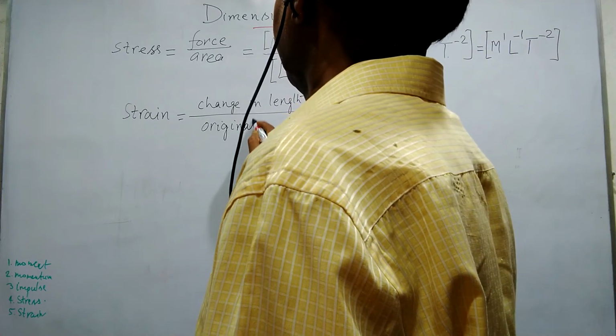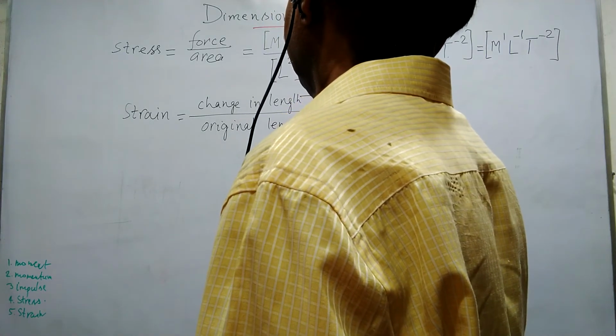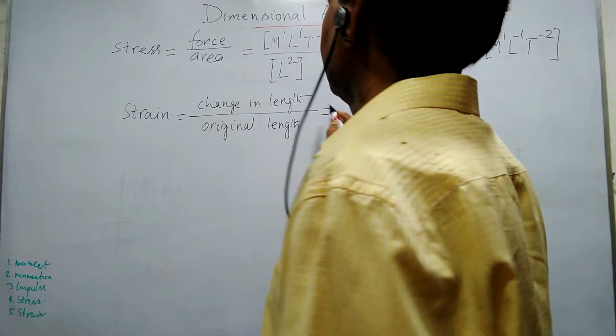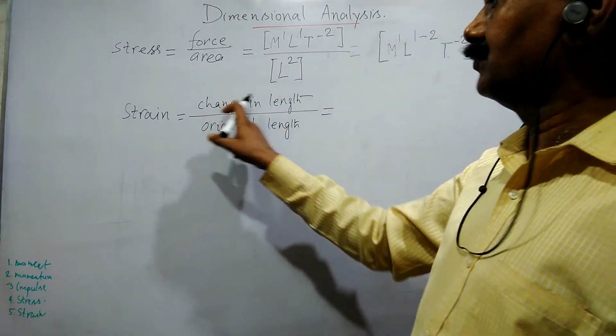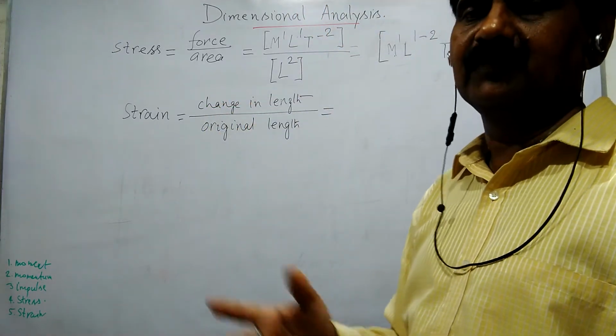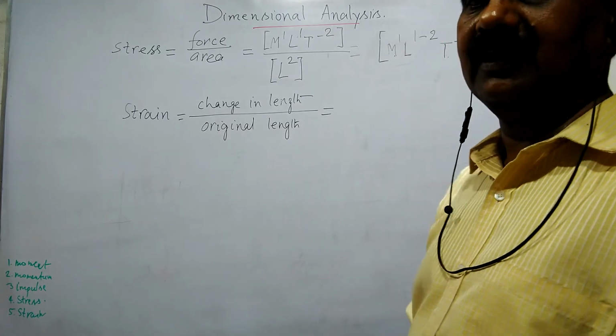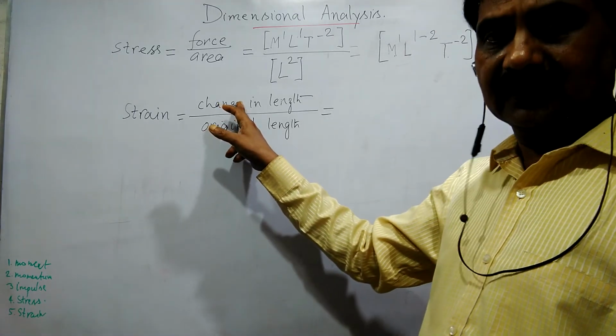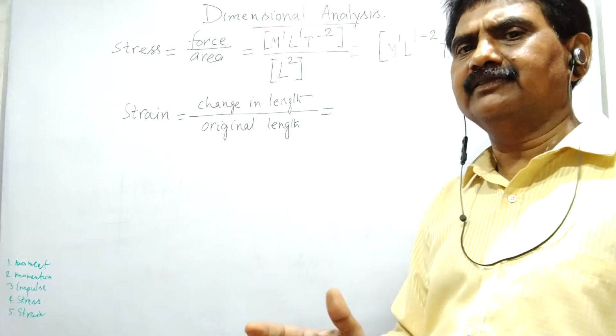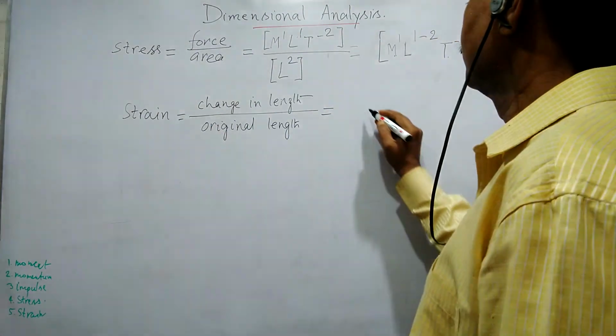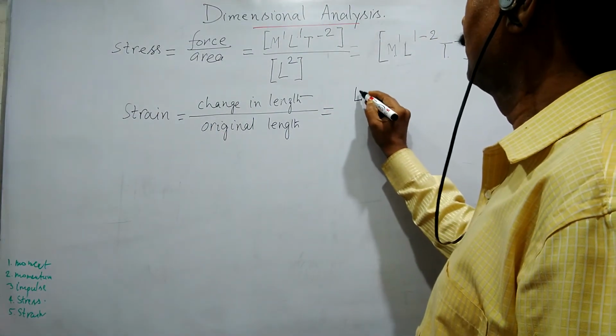Then what is the dimension of change in length? Change in length will be length minus length, that means length. So here the dimension of length will be L to the power 1.